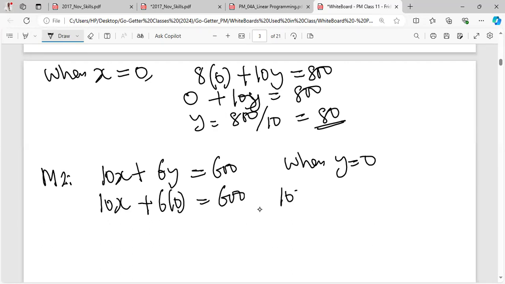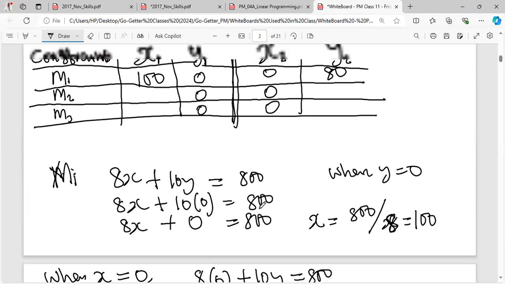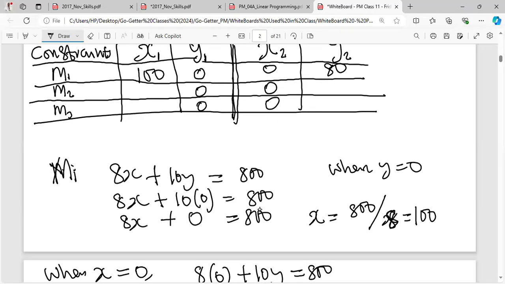This is going to be 10x plus 6 times 0 is 0, equals 600. So 10x equals 600. Therefore, x will be 600 divided by 10, which gives me 60. So when y is 0, x is 60.